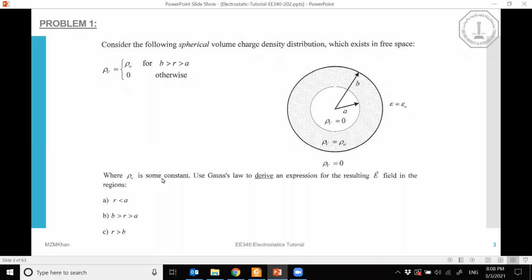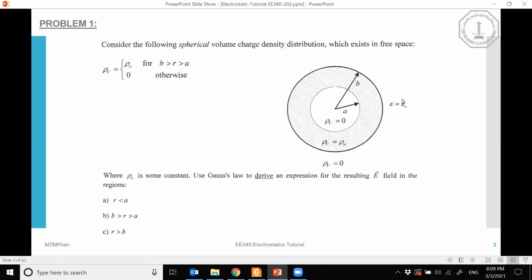Now what we need to do is use Gauss's law and derive the expressions for the electric field in 3 regions: in this region, this region, and this region. That is, where r is less than a, the hollow part, then between a and b, where we have our charge density rho v, and outside.